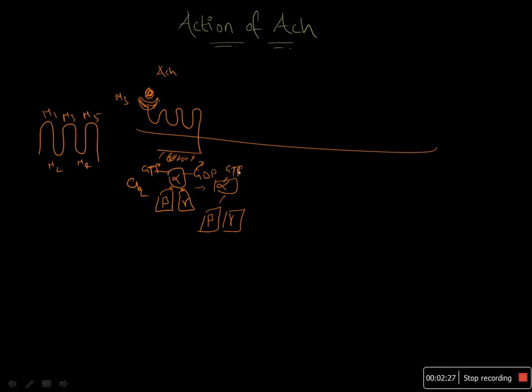And this alpha subunit along with GTP would stimulate something very special found in the cell membrane. This is called phospholipase C.